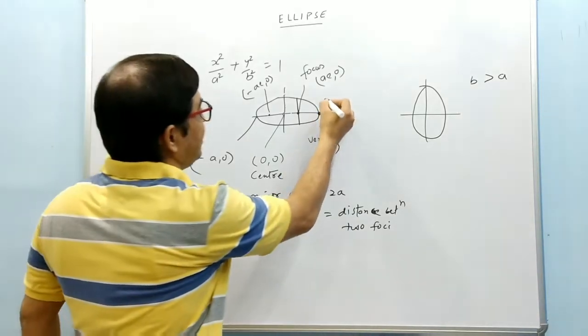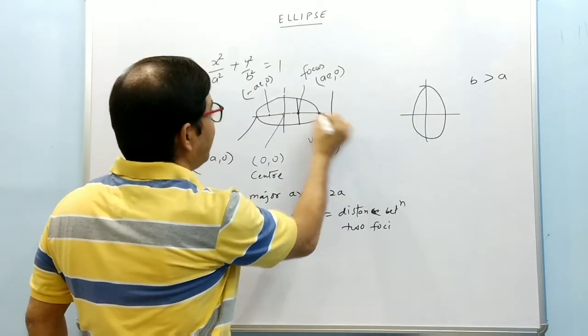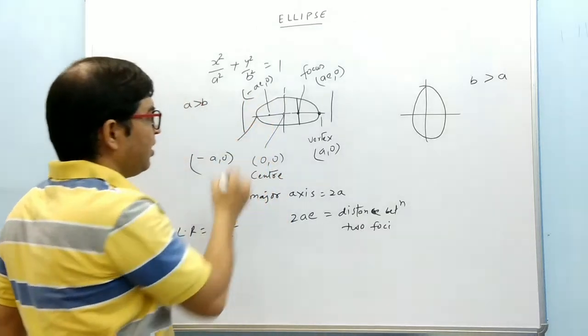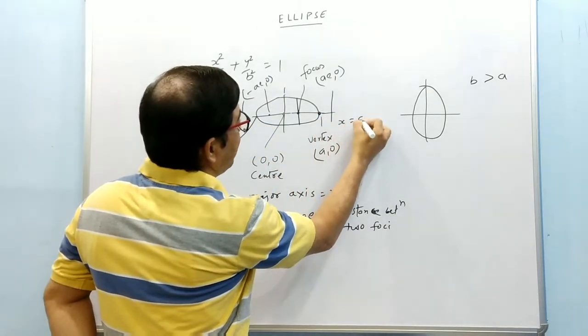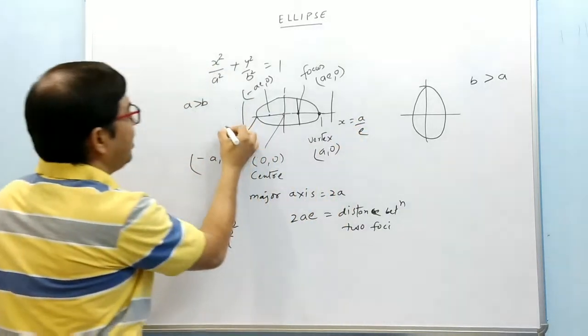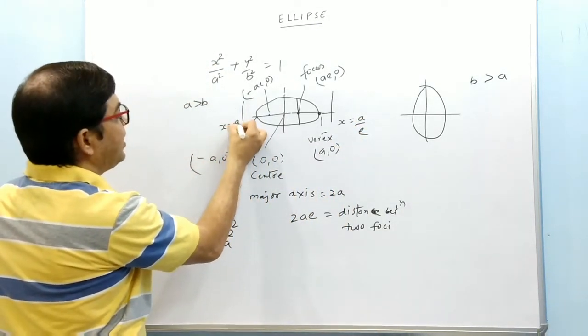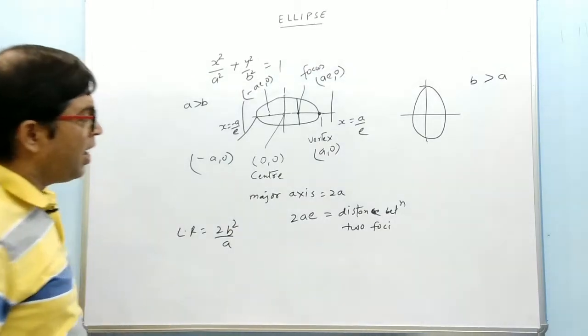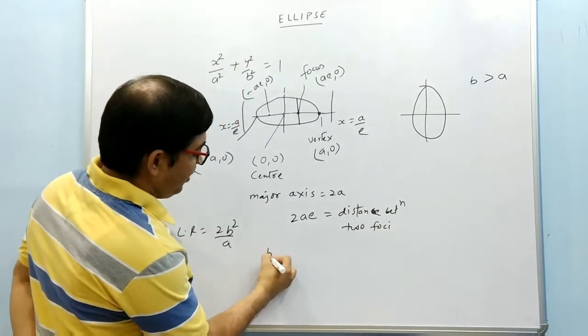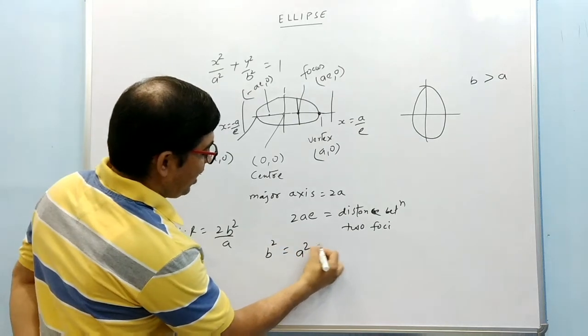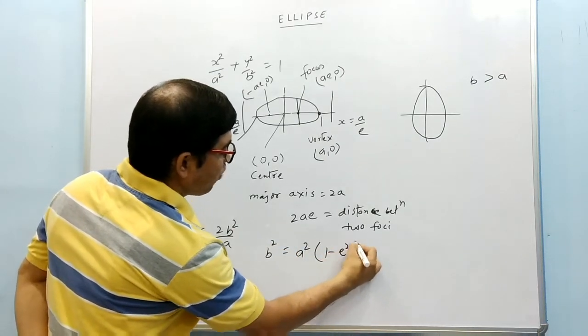And another thing is the directrix. Two directrices are there. The equation of the directrix is x equal to a by e, and here x is equal to minus a by e. And what is the relation between a and b? The relation is b square is equal to a square times (1 minus e square).